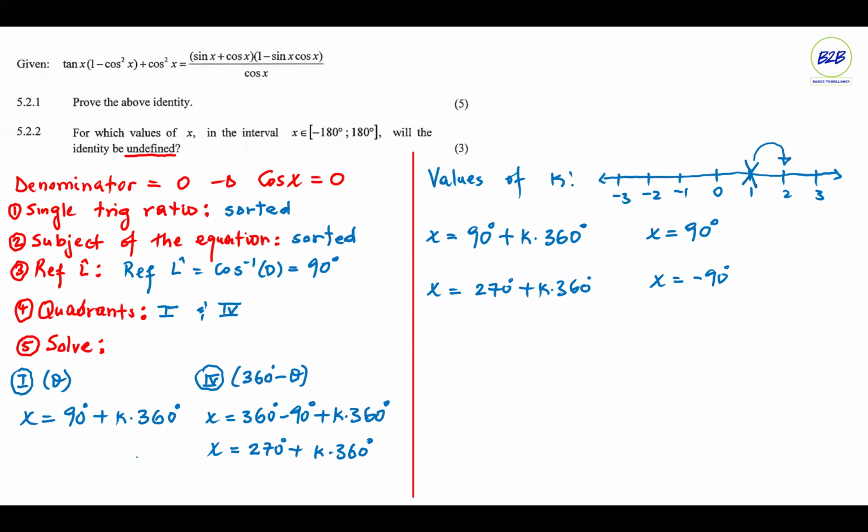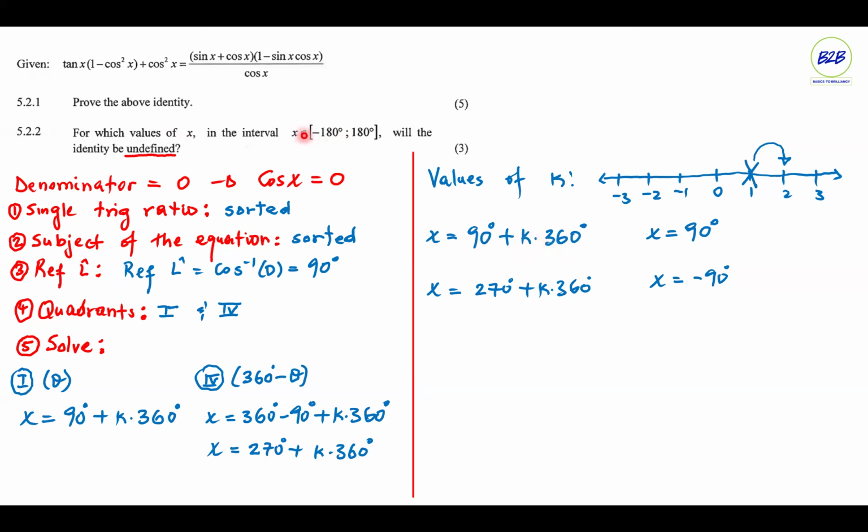We will take k equal to -1 and substitute it here. You press a calculator, 90 degrees plus, in brackets, -1 times 360 degrees. Press a calculator, you get minus 270 degrees.